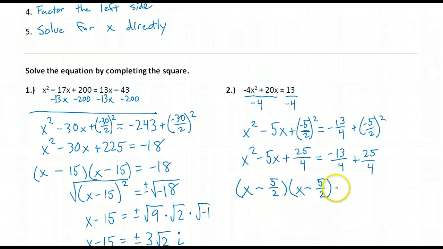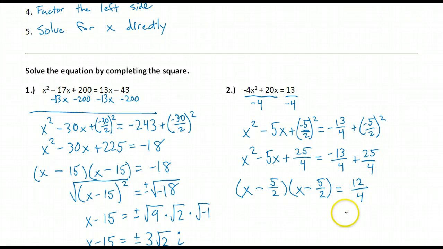On the right side, I have negative 13/4 plus 25/4. They both have common denominators, so I can just add my numerators. Negative 13 plus 25 gives me 12.